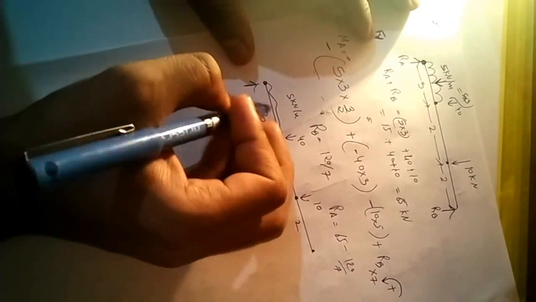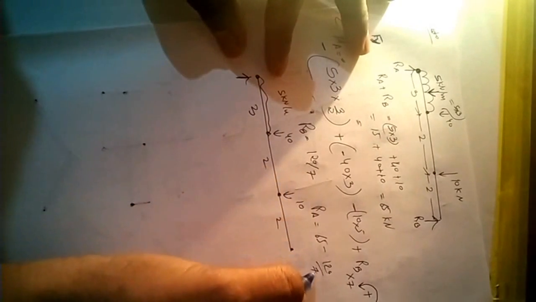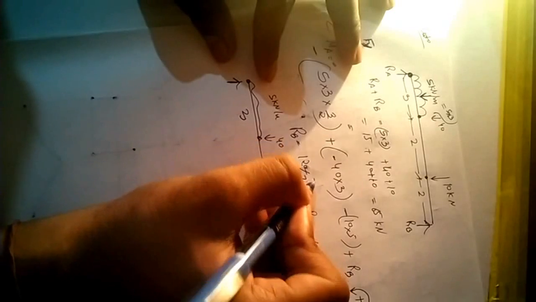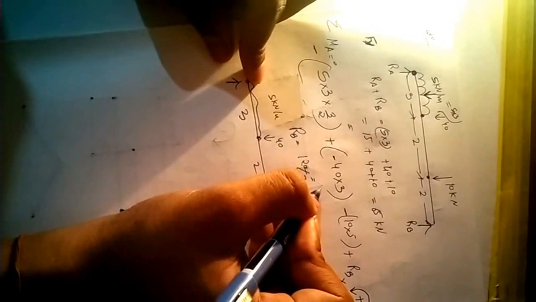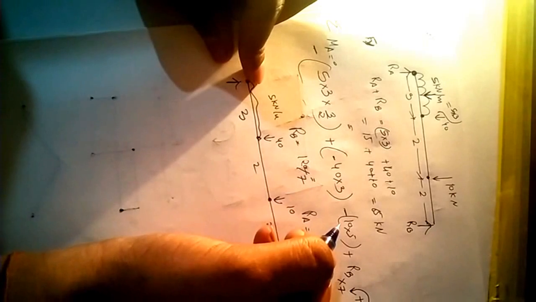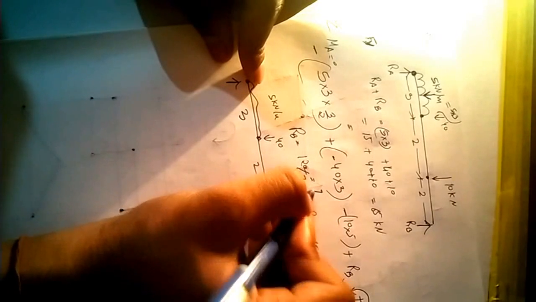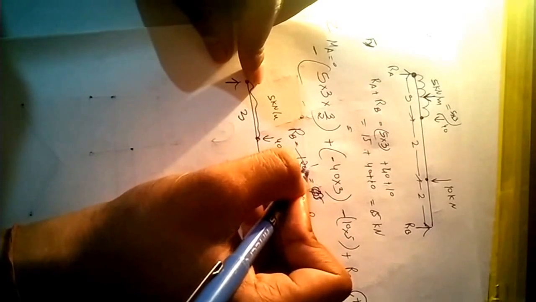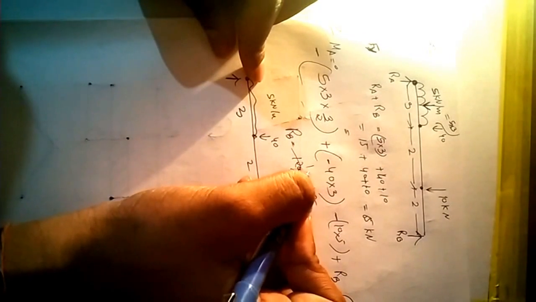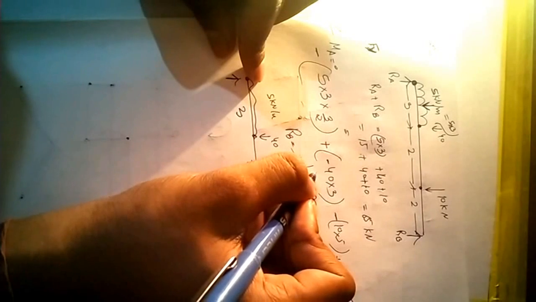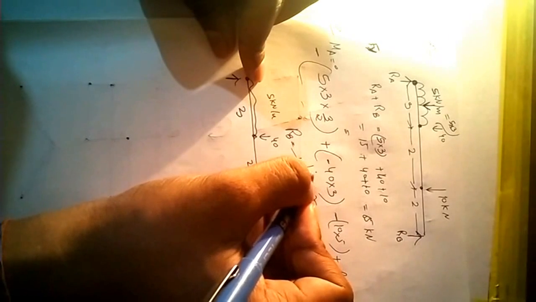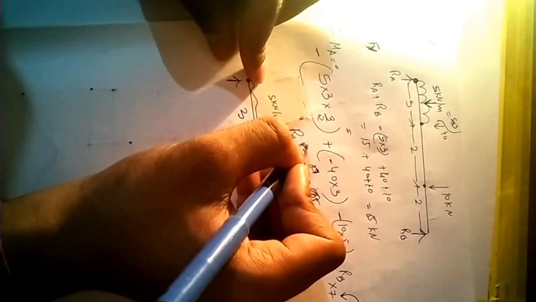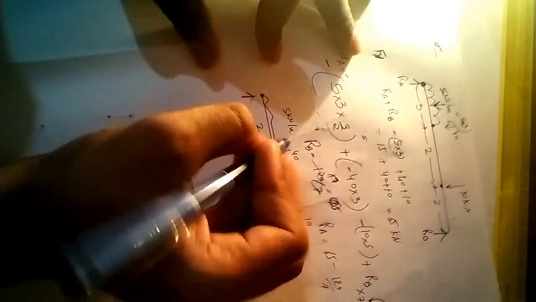Let's suppose RA comes this much, and let's suppose RB comes 65 and RA comes 70.